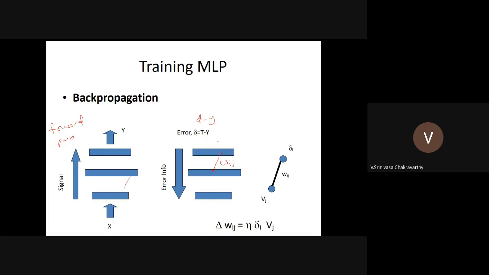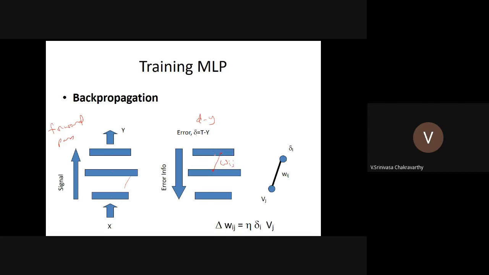Then calculate deltas at the output layer, and using the error, the deltas here, you backpropagate them and calculate the deltas all the way up to the first hidden layer. You don't calculate deltas at the input layer because it doesn't have any meaning. So you calculate deltas at all the hidden layers, including the output layer.